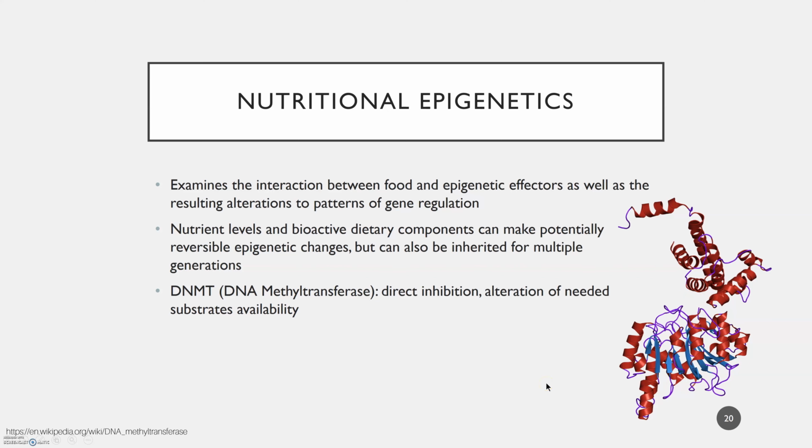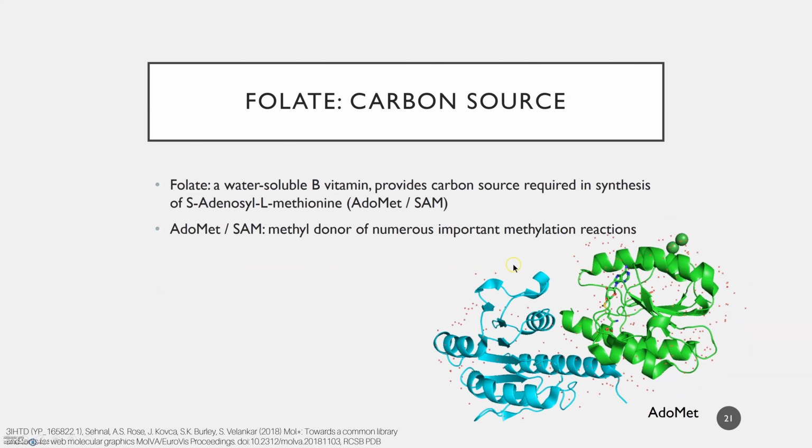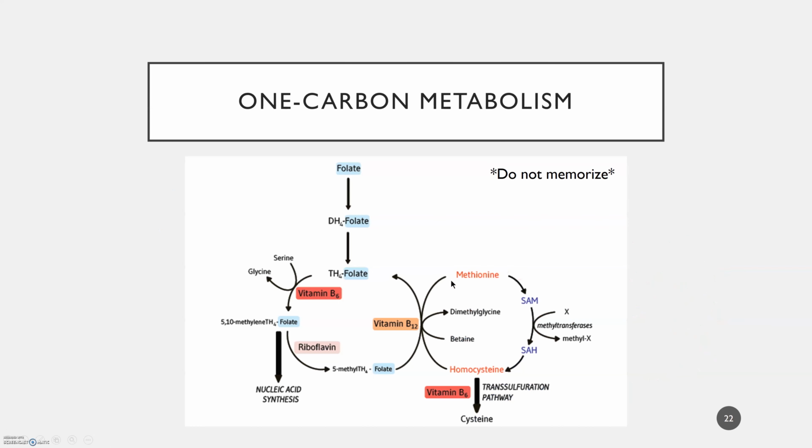Nutrients can directly inhibit epigenetic enzymes like DNMT or alter the availability of substrates needed for the reaction to occur. Folate is a water-soluble B vitamin and the carbon source required in the synthesis of S-adenosyl L-methionine, otherwise known as AdoMet or SAM. AdoMet is a methyl donor of numerous important methylation reactions.